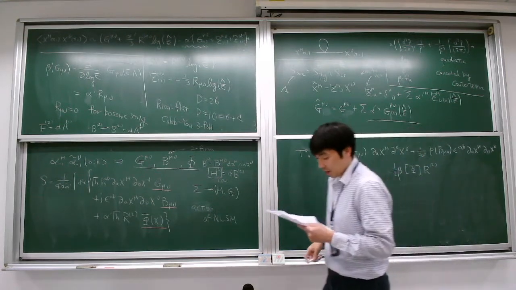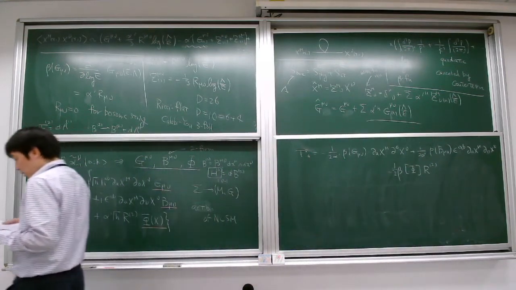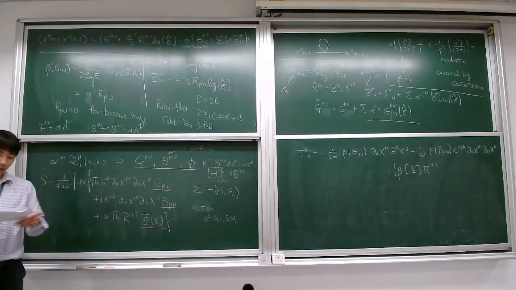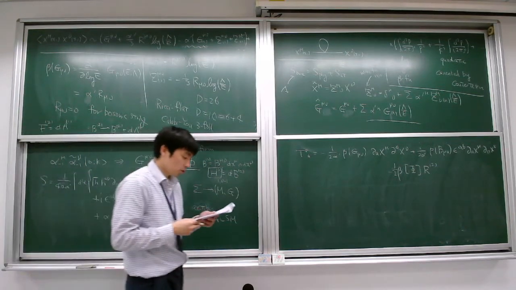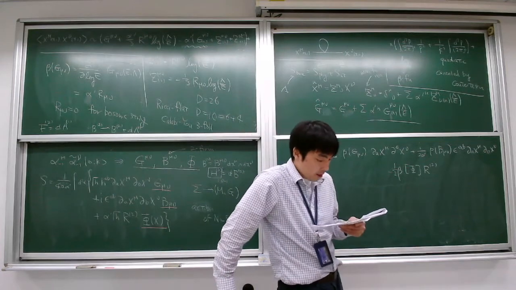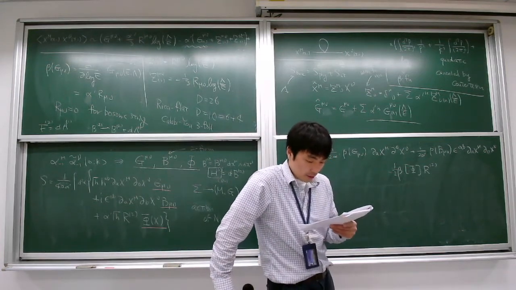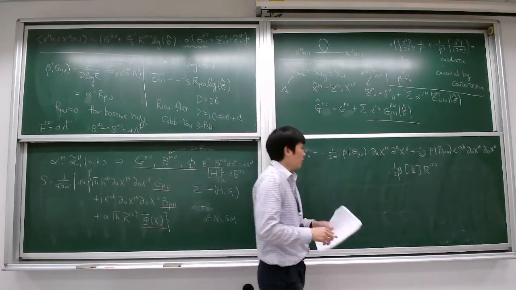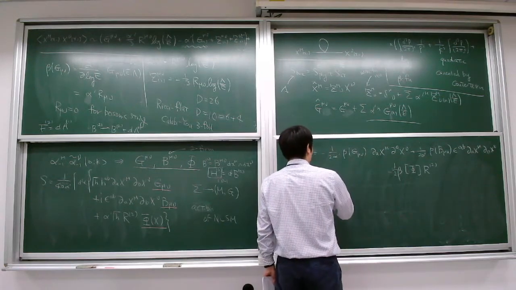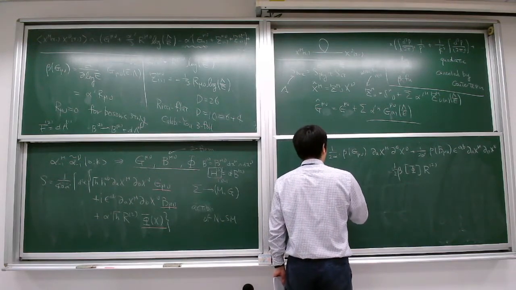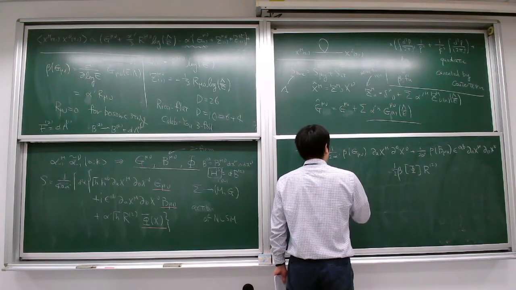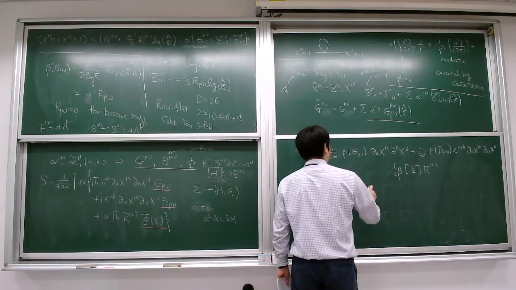The explicit calculation of the first leading order contribution at alpha prime is written in the lecture note. I'm not going to write down everything. And in order for the theory to be free from anomaly or well defined, this beta function has to be 0.